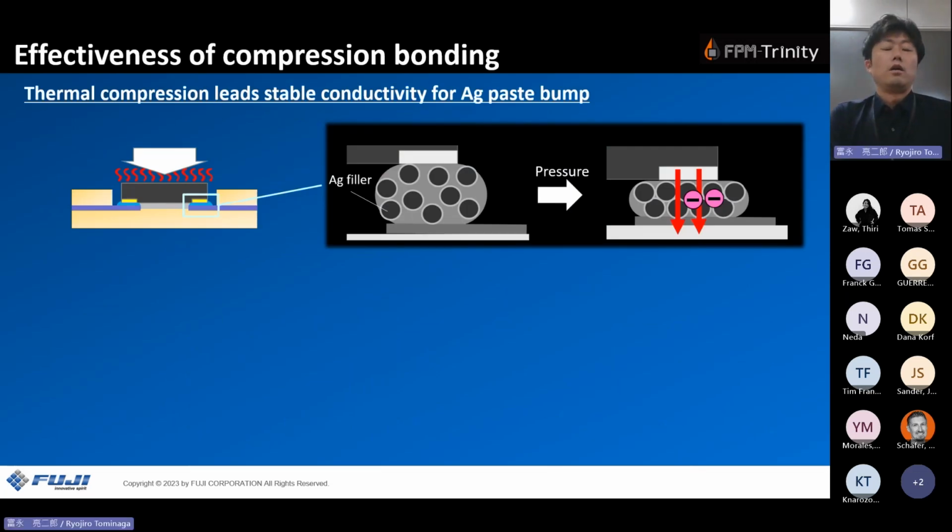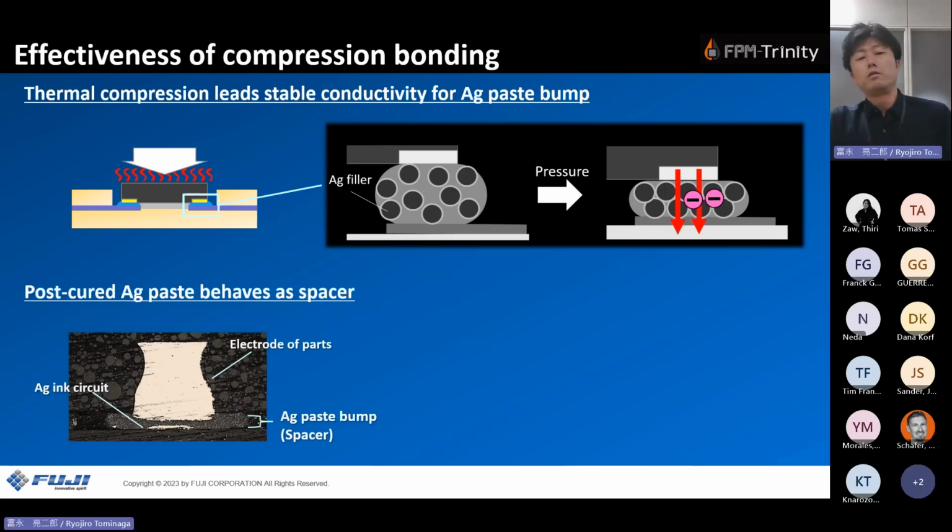And also, silver paste is a very unique material. In the silver paste, there are many silver fillers inside, and by the contact of each filler surface, an electrical path is formed. So in order to have a stable electrical connection, pressure to the die is very important.